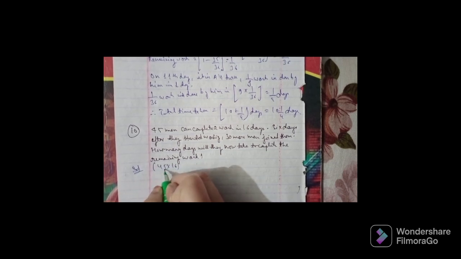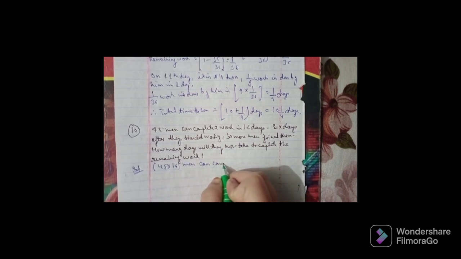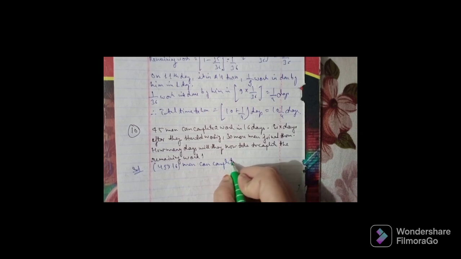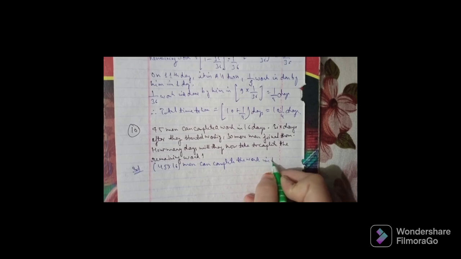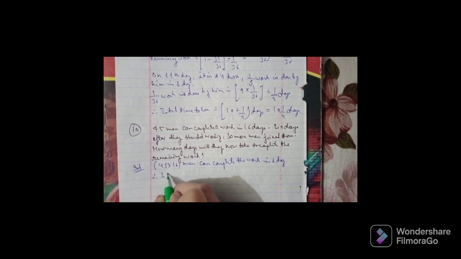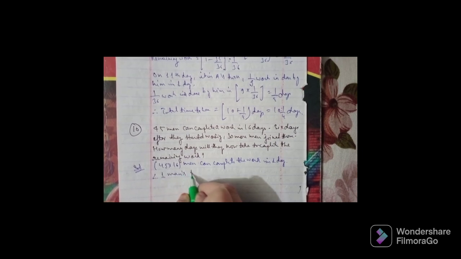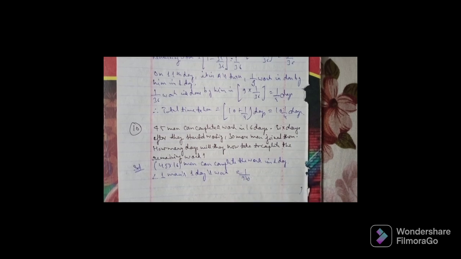(45 into 16) men can complete the work in one day. One man's 1 day's work equals to 1/720. So with the same, we have 45 men.